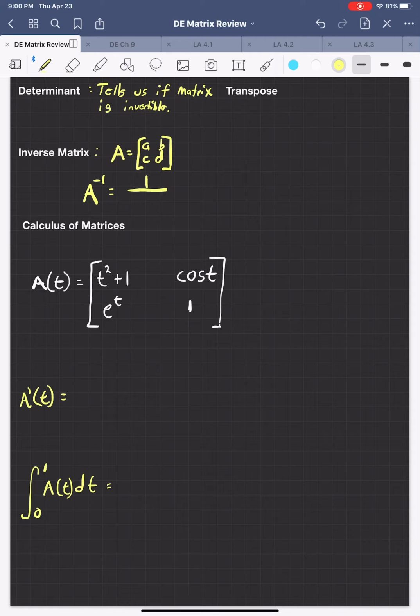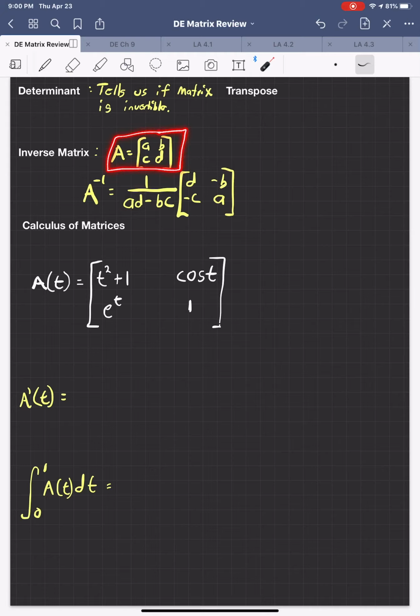It would be 1 over A times D minus B times C, and that 1 over that is what we call the determinant, which then scales the matrix D, negative B, negative C, A. All right, so if matrix A can be inverted, then this is how you would do the inverse of a 2 by 2 matrix.